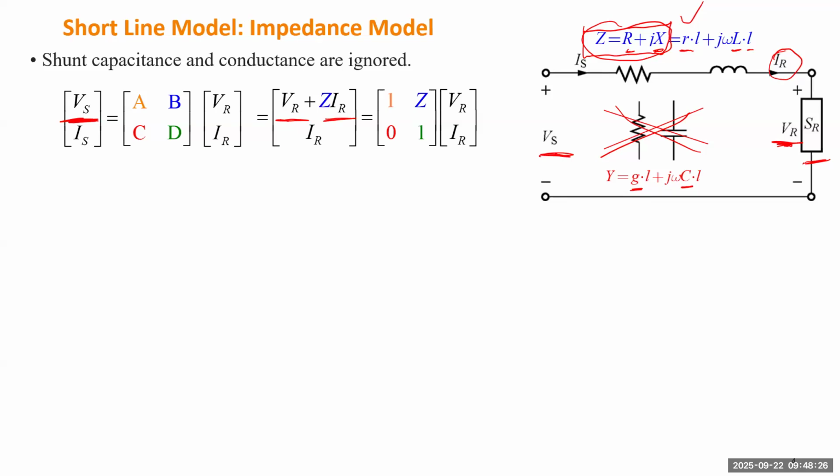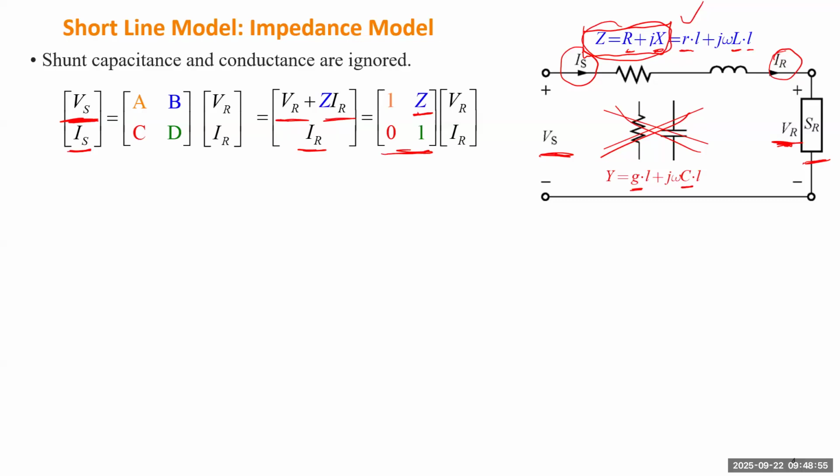Because there's nothing between the line and the ground, the source current will also be the load current. So immediately we get this transformation. It's very simple. It's a triangular matrix with two ones on the diagonal and just a single Z. So this line only has a single parameter Z.